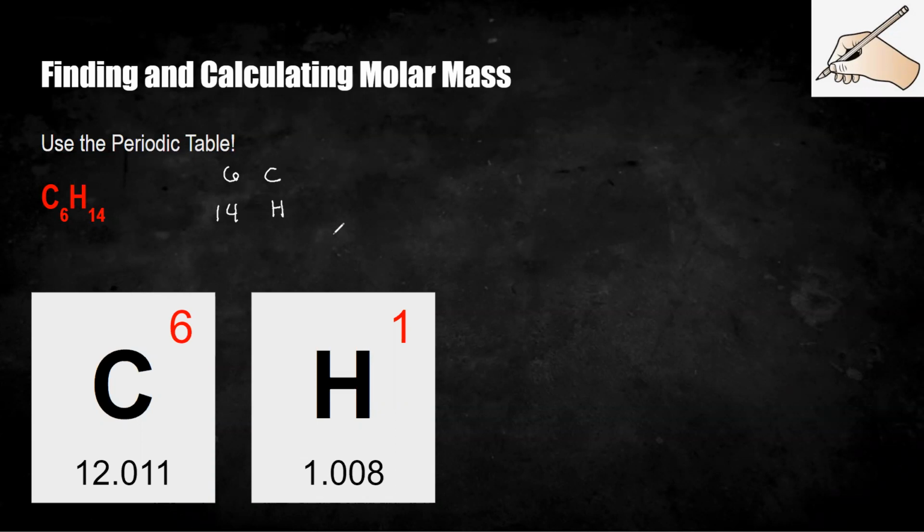So if I want to find the total molar mass of the compound, well, I need to look at the molar mass of carbon and multiply it by 6 because we have 6 carbons in the compound.